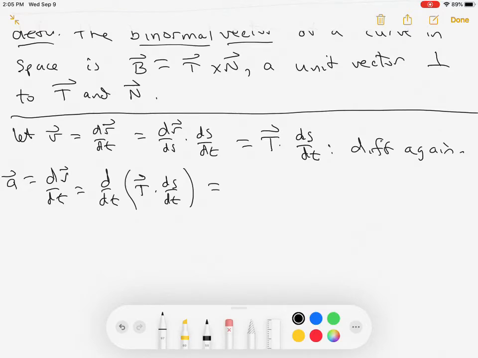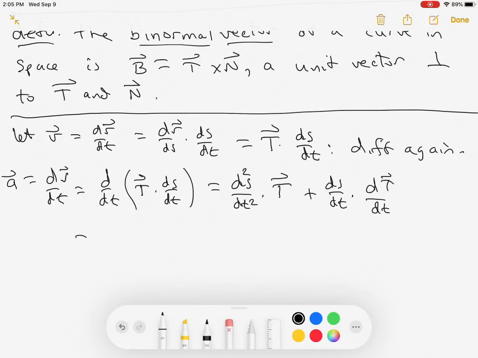And so now we're taking the derivative with respect to t of a product. So I'm going to fix T and take the derivative of this. So I take the second derivative times T plus ds/dt times dT/dt. Okay?